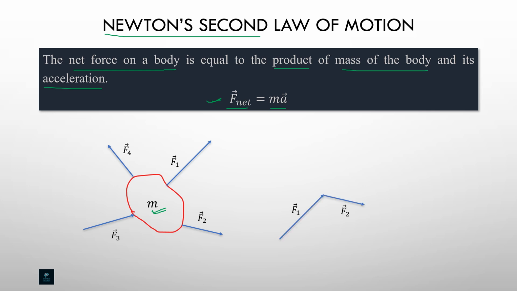This is F1, this is F2, this is F3, F4, and this F net is the sum of all these force vectors. So this F net has to be used in Newton's second law to obtain the value of the acceleration that is produced in this body.